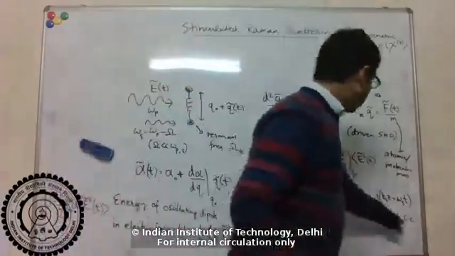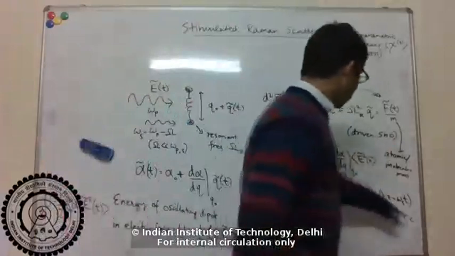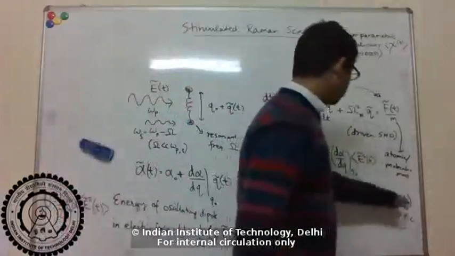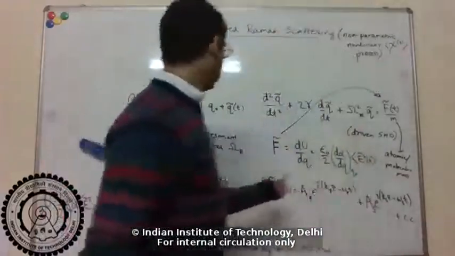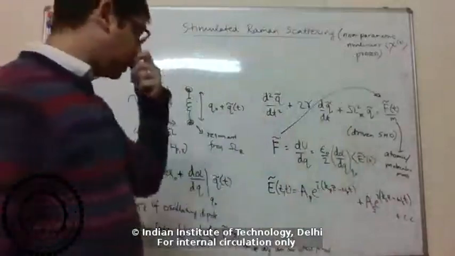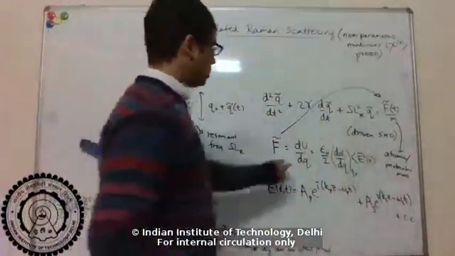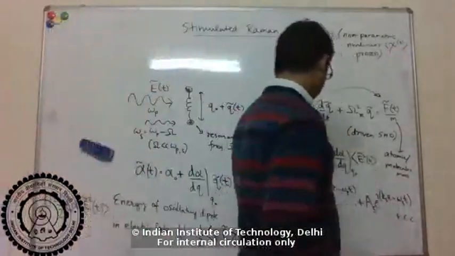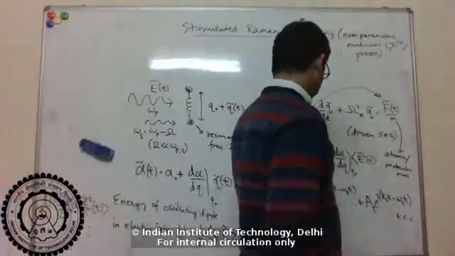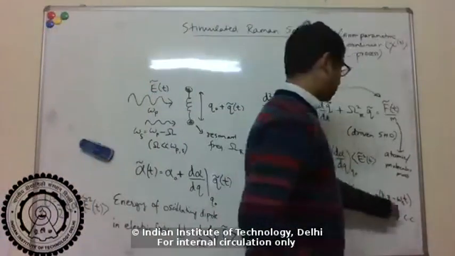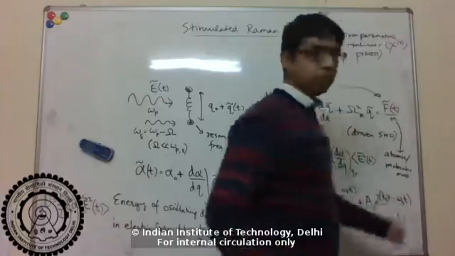So only the product with the complex conjugate: AP AS conjugate will vary as omega p minus omega s, and omega p minus omega s is small, so that's a slowly varying quantity. So the only terms which will not average to 0 here are the cross terms between this one and the complex conjugate of the Stokes, and similarly this one and the complex conjugate of the pump.